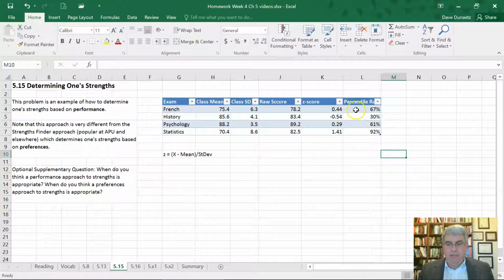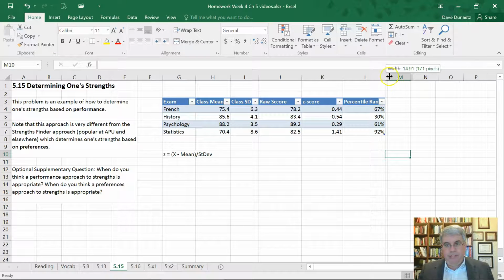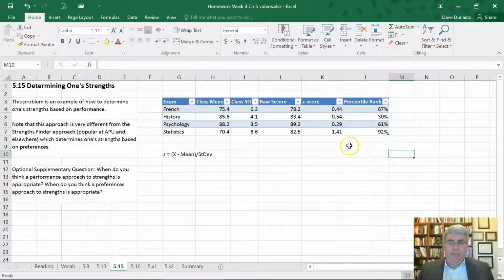She's in the 67th percentile for French, 30th for history, psychology 61st, and statistics, she's in the 92nd percentile. She's doing very well in statistics. So this is a way that we can go from a raw test score, when we know what the mean is and the standard deviation for each test, to see how the person ranks on that. So she's strongest in statistics.